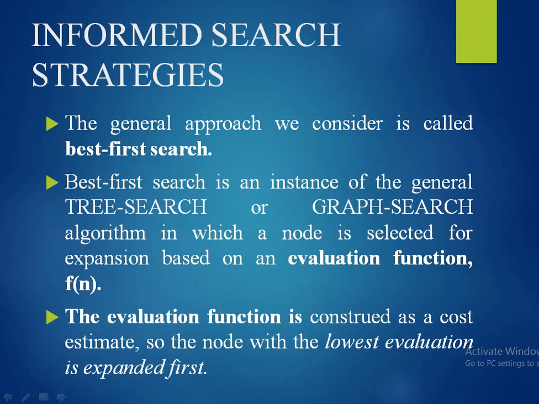The tree search algorithm as well as graph search algorithms we have discussed in our previous videos. You can take the reference of these. The evaluation function is construed as a cost estimate, so the node with the lowest evaluation is expanded first.